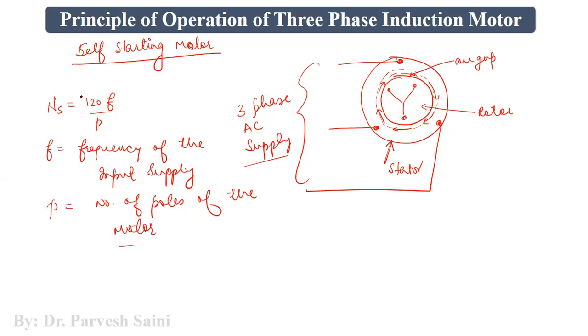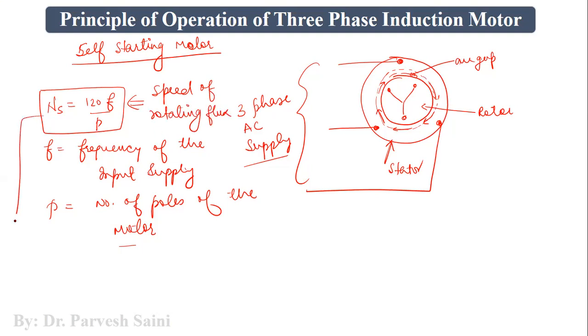So this is the speed of the rotating flux, and this speed is known as synchronous speed. So synchronous speed is that speed at which the flux rotates in a three-phase induction motor.